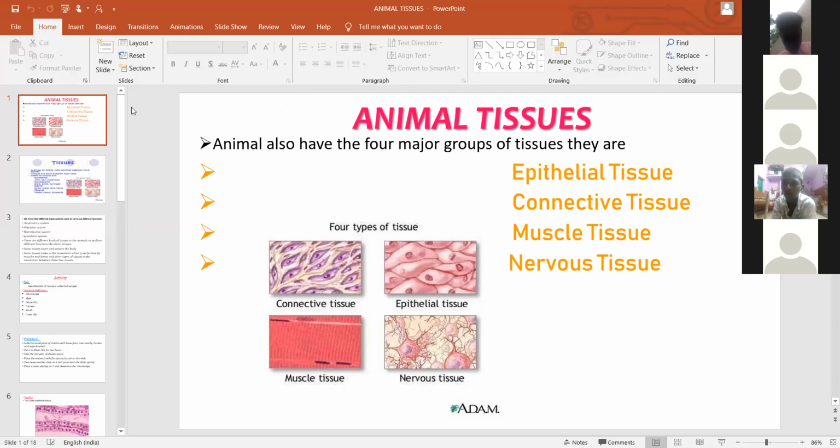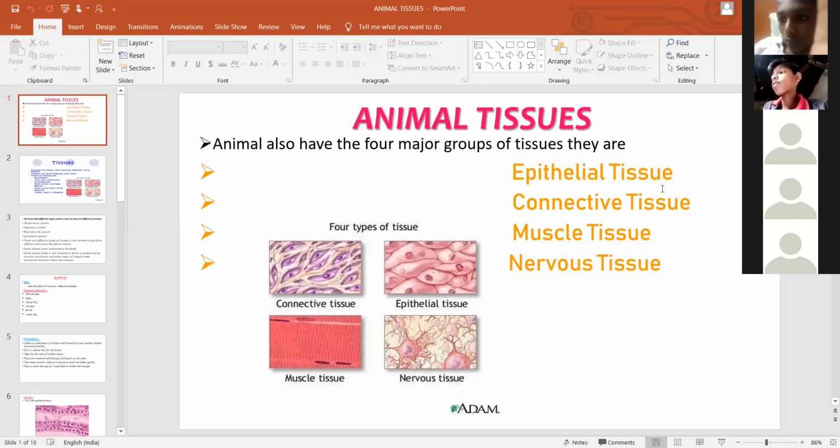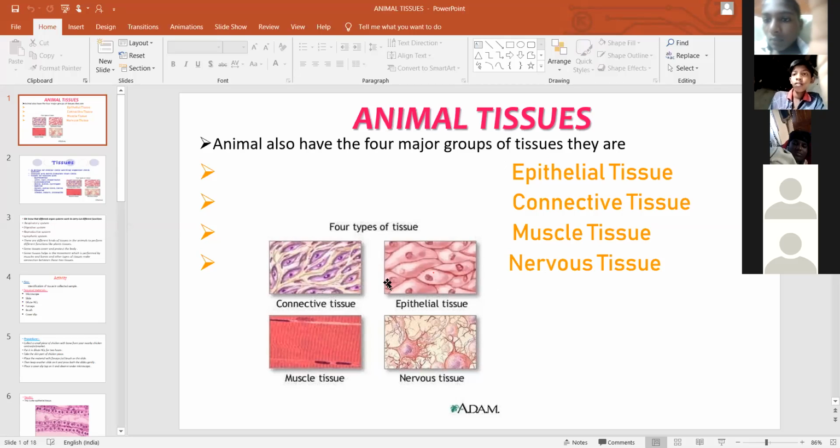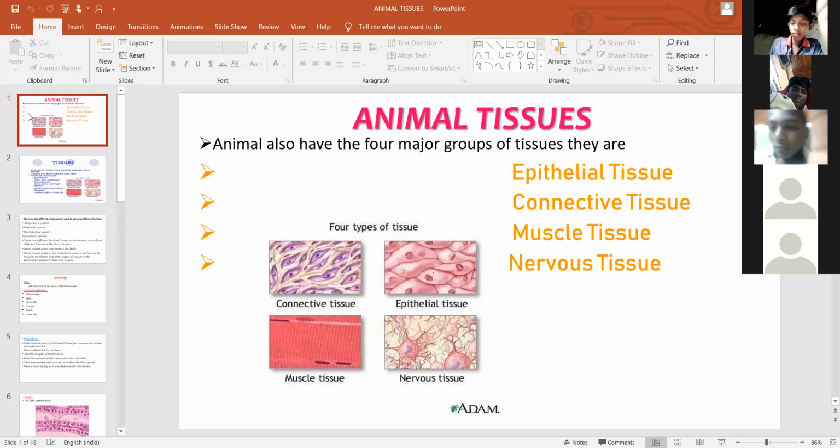Number 1 is epithelial tissue, number 2 is connective tissue, number 3 is muscle tissue, and the last one is nervous tissue.